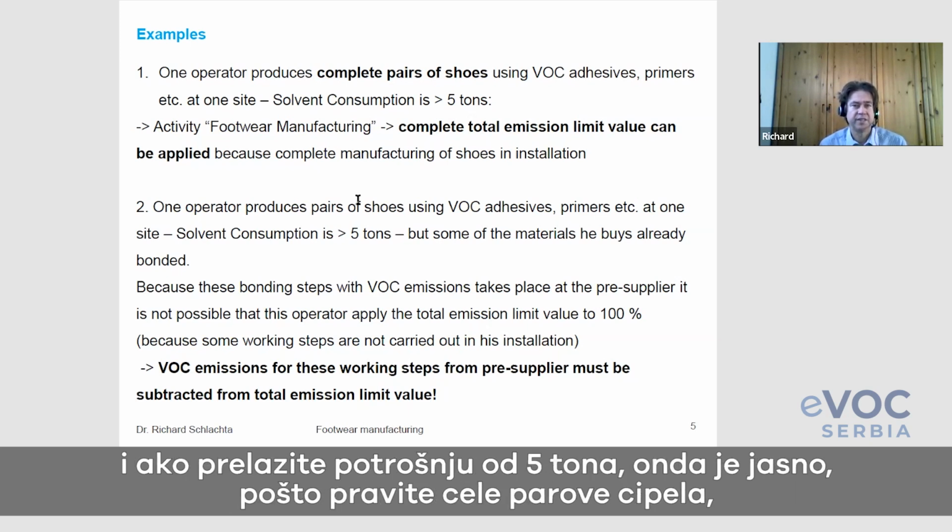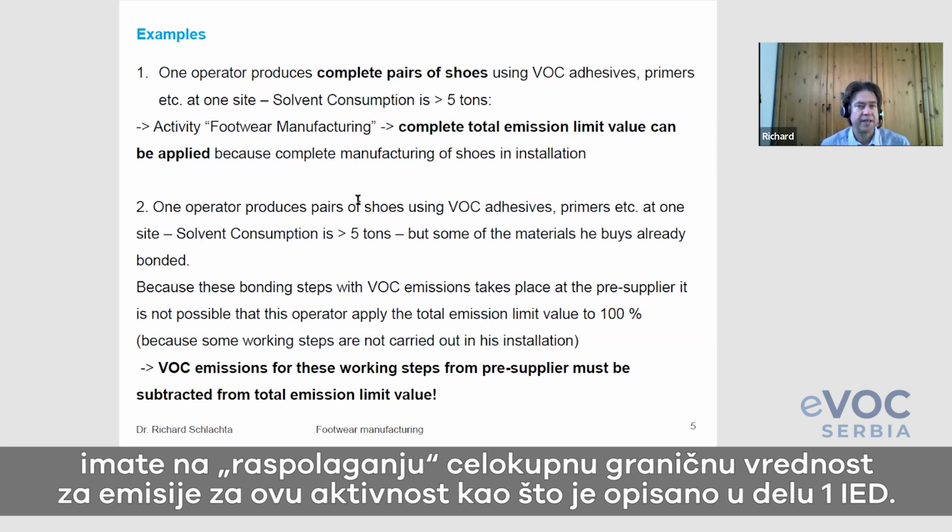And if you exceed that 5 tons, then it's clear you make a complete pair of shoes in your installation. So it's clear you can use and exhaust the complete total emission limit value, because you make the complete manufacture of shoes as described in part 1 of the IED.